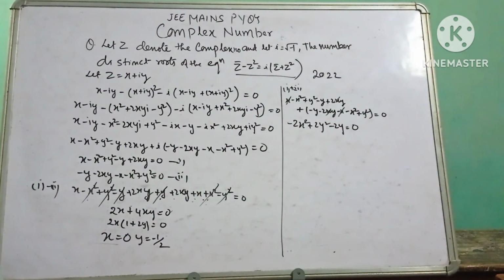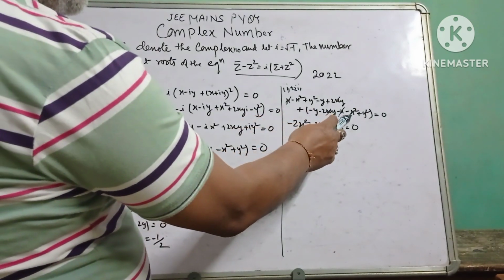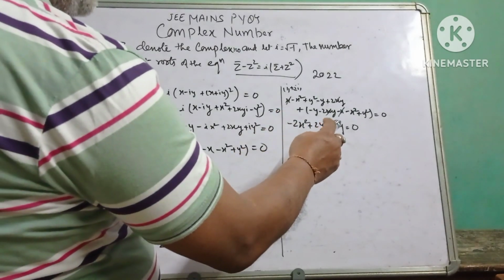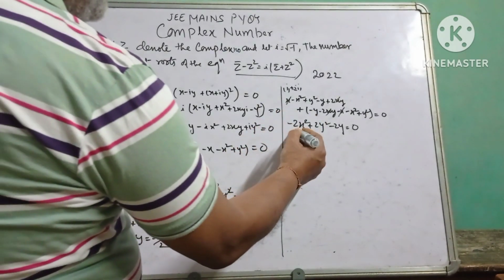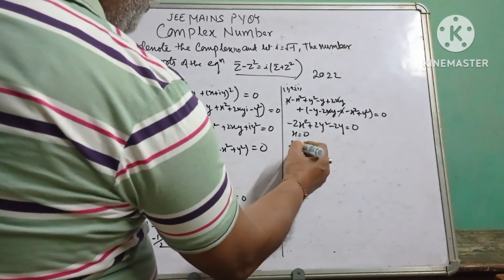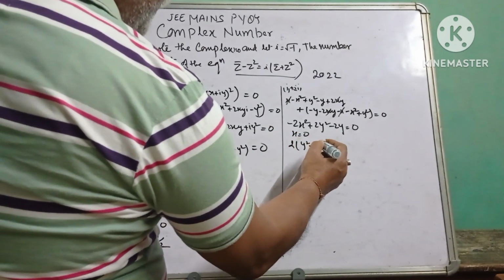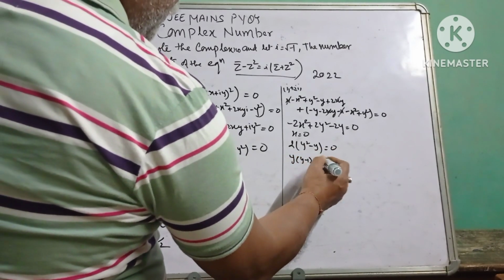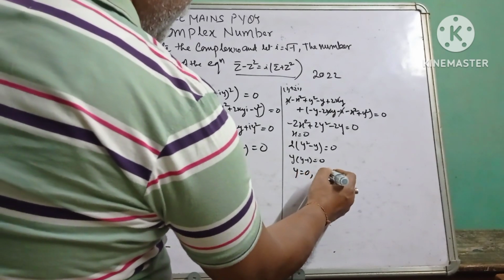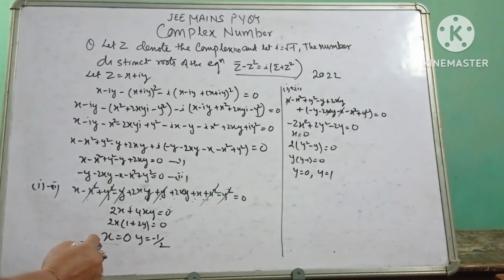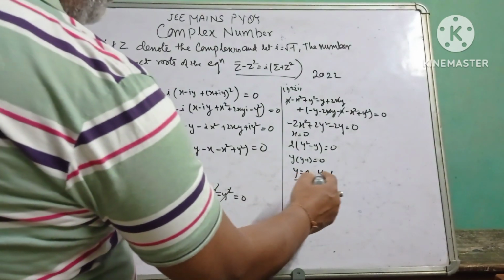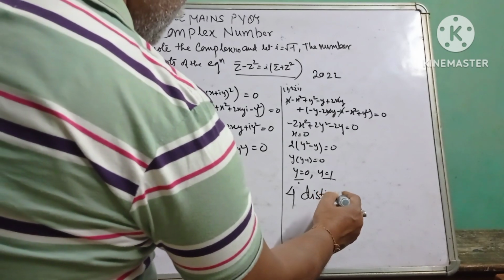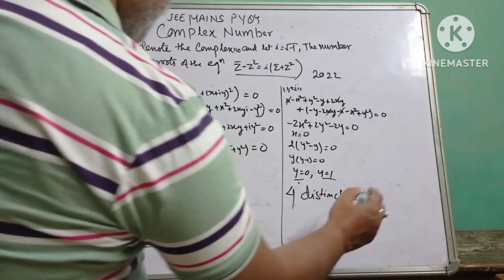So since x is equal to 0, you are going to get 2y square minus y is equal to 0. So y into 2y minus 1 is equal to 0. So y is equal to 0 and y is equal to 1 by 2. So you are going to get 4 distinct values, 1, 2, 3, 4. You are going to get 4 distinct roots.